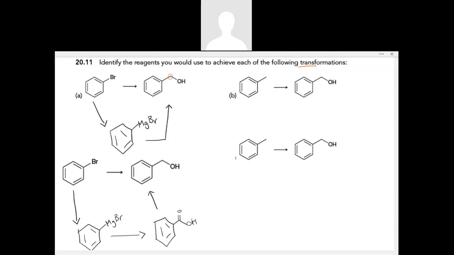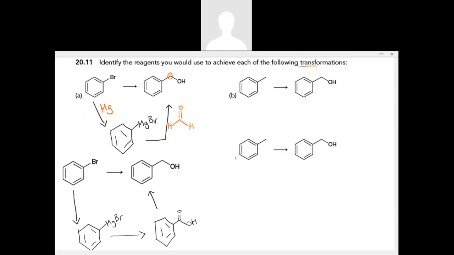So we can install first, in this step, magnesium in this bromo-benzene structure here to create our Grignard reagent, and then we can react it with formaldehyde here, and we can install that additional carbon that's needed.